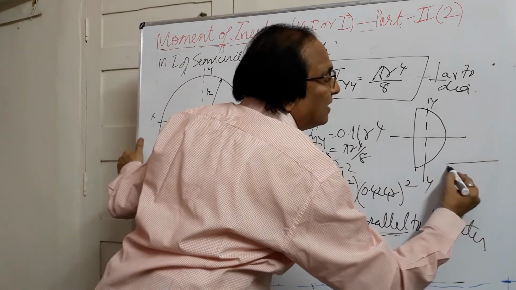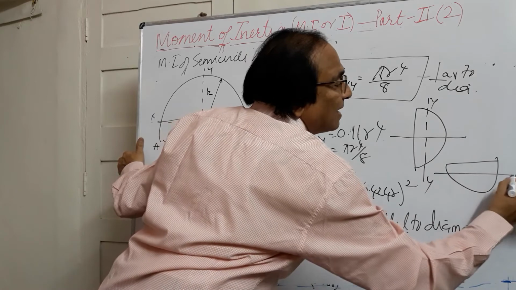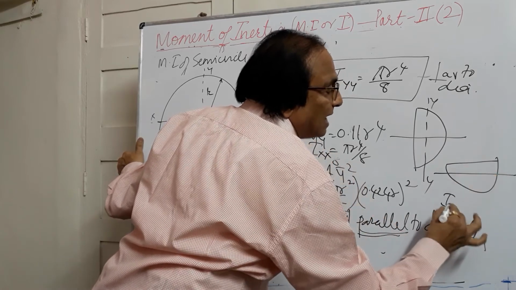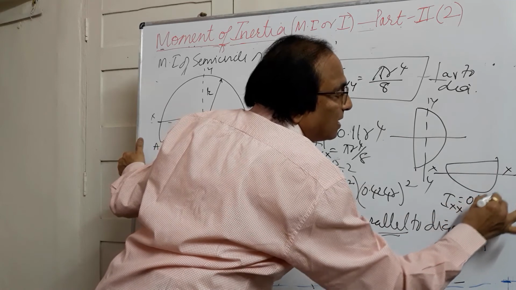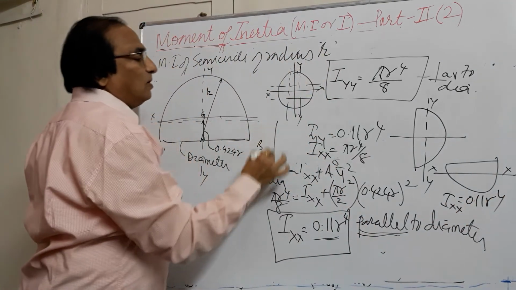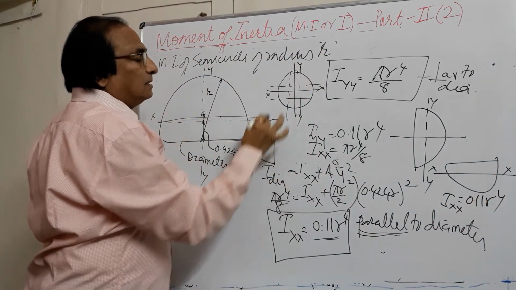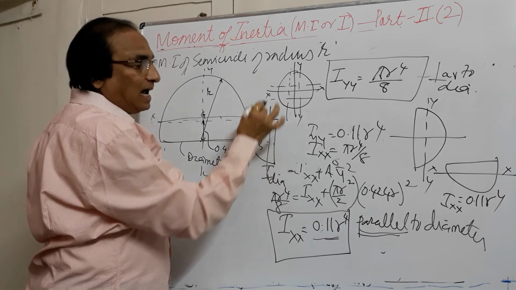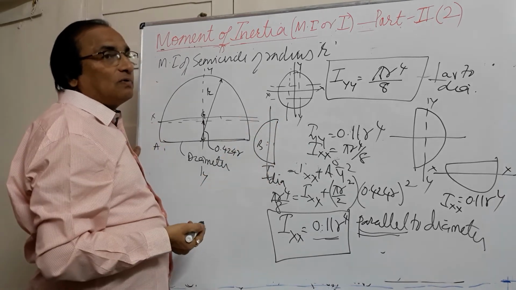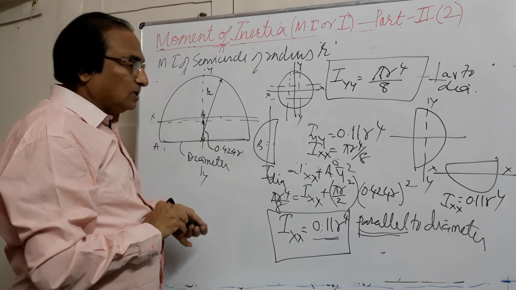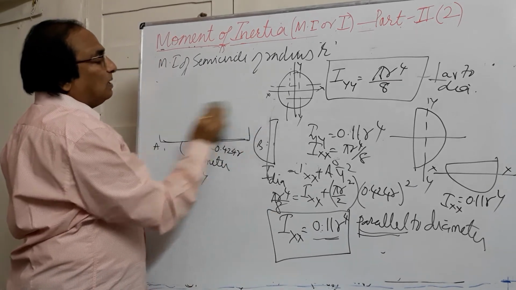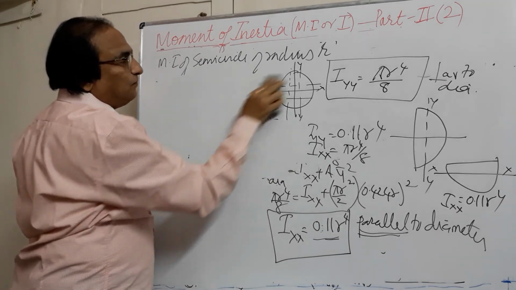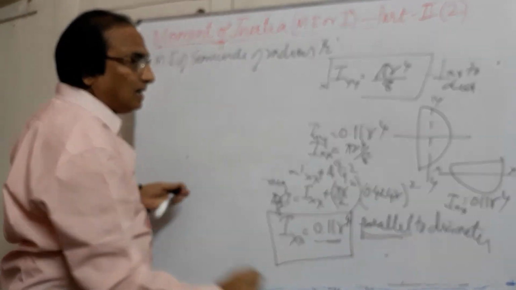If I draw again a figure like this, this is parallel to the diameter, so here Ixx will be equal to 0.11 r raised to 4. Likewise, if I draw a figure like this, this is parallel to the diameter, so I will be equal to 0.11 r raised to 4. This is about the semicircle, 0.11 r raised to 4 parallel to the diameter.